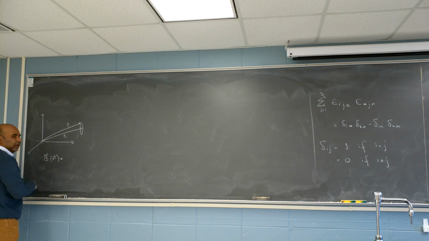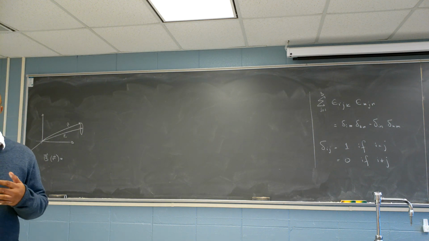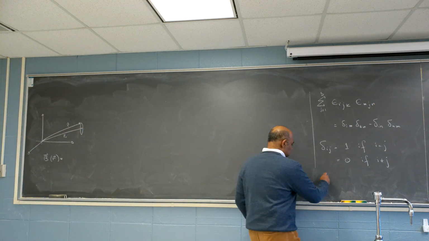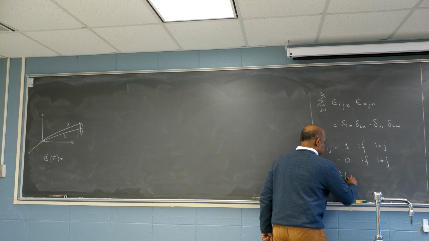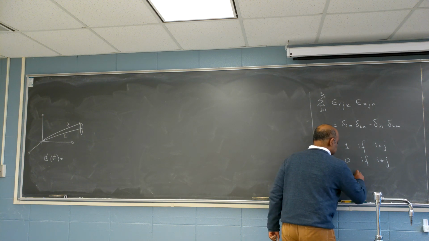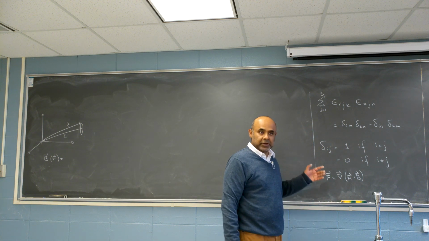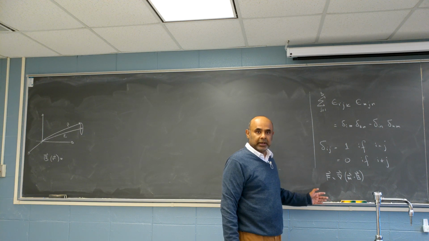And I want to Taylor expand, because in this case, if B is constant, you know the answer already. If B is constant, the force is going to be 0. So if it's a uniform magnetic field, there is no force on a dipole.